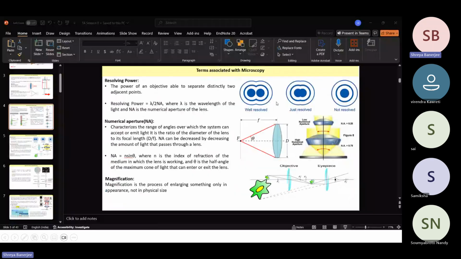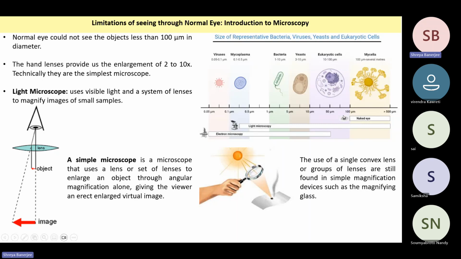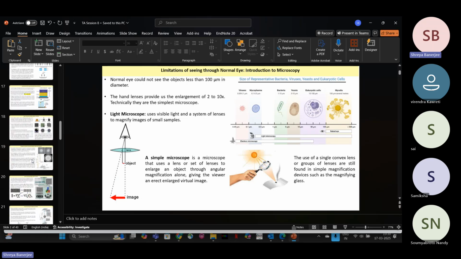That is why you can see, if we go back again, the resolving power of the naked eye is only up to here, whereas the light microscope, because you are using different lens to increase the size of the image, has higher resolving power. And electron microscopy uses electrons which have very small wavelength, so they are able to resolve even smaller particles. For the normal eye, the resolving power is only up to 0.25 millimeter.